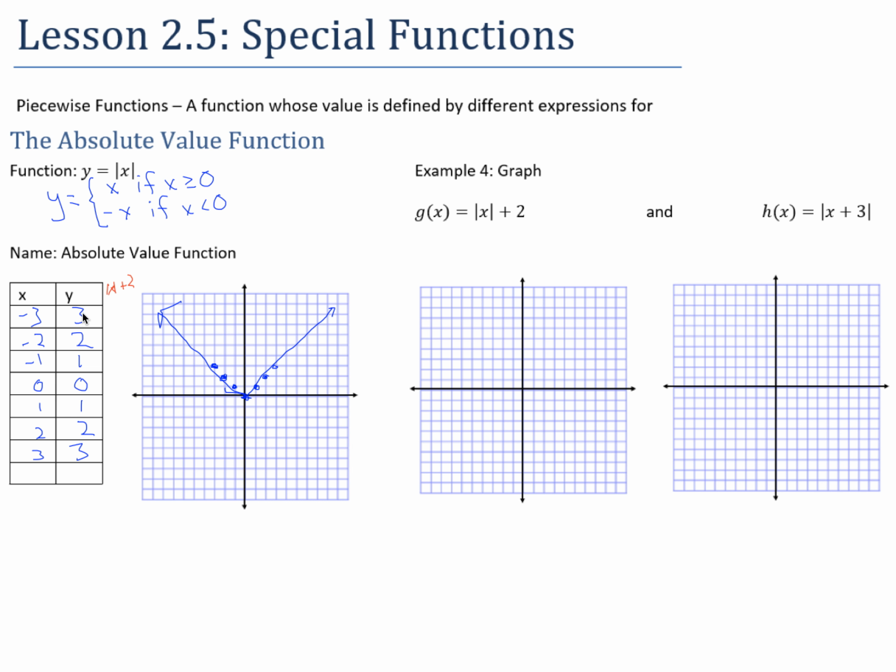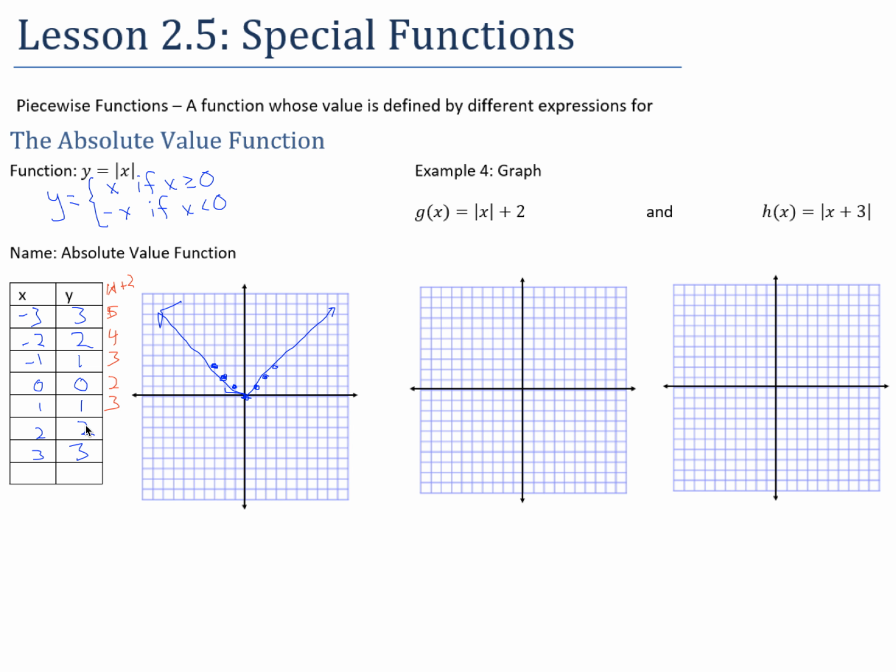So if we put in -3, the absolute value is 3, but then we add 2. So this is 5. Absolute value of -2 is 2, but then we add 2, so we get 4. Absolute value of -1 is 1 plus 2 is 3. Absolute value of 0 is 0 plus 2 is 2. 1 plus 2 is 3.